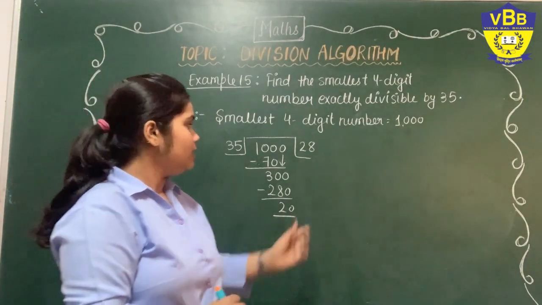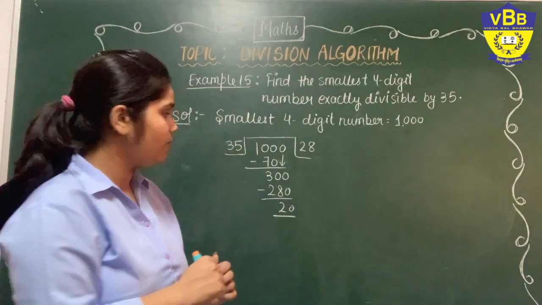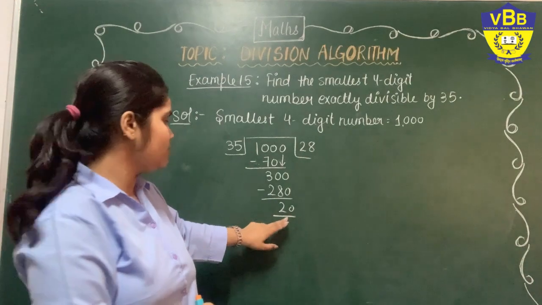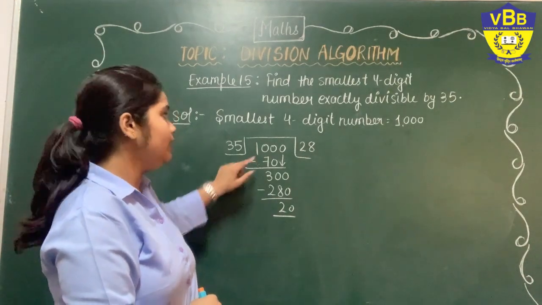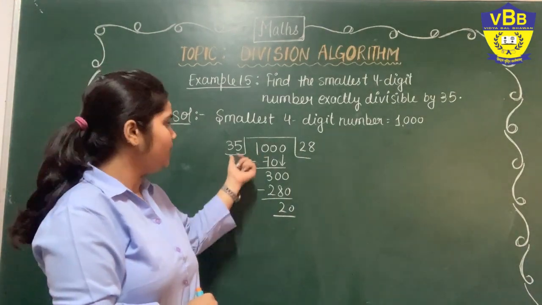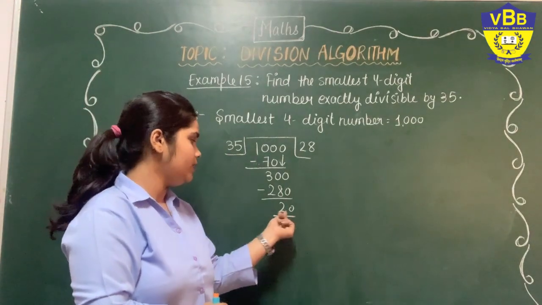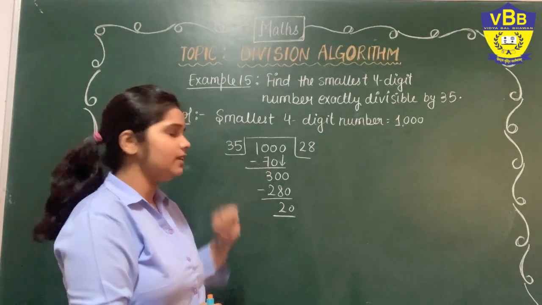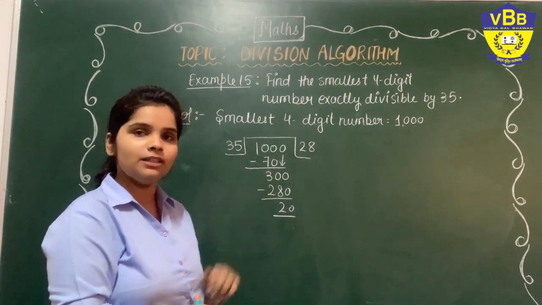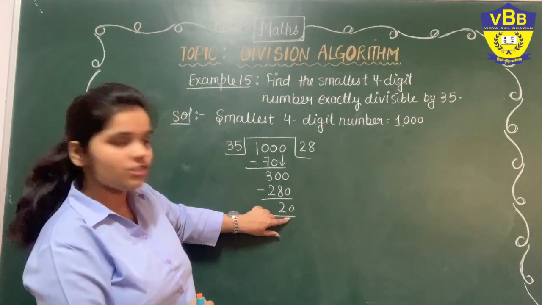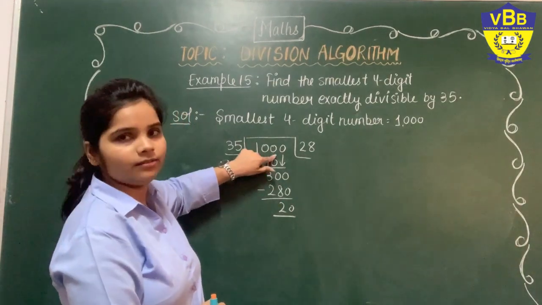Just think of it, if this 20 was not present here, then this number would be completely divisible by 35. This 20 is extra. If it will be 0, then the given number will be exactly divisible by 35. So first we will subtract this extra 20 from the dividend.